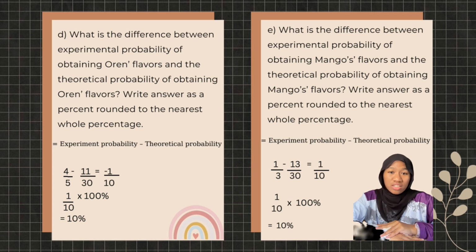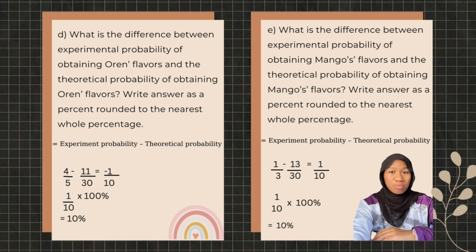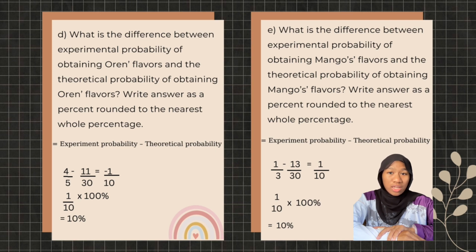So we use the formula which is experimental probability minus theoretical probability, which is 1 over 3 minus 13 over 30, equal to negative 1 over 10. 1 over 10, we multiply with 100% and it will be equal to 10%. So 10% is the difference between the experimental probability and theoretical probability of obtaining mango flavor.